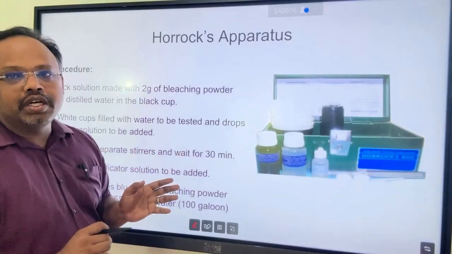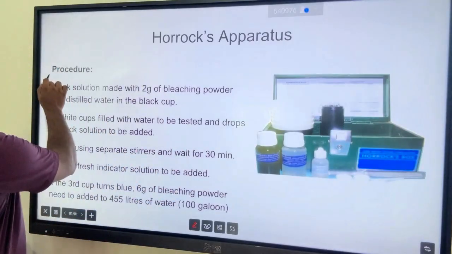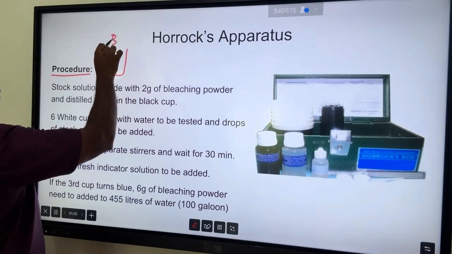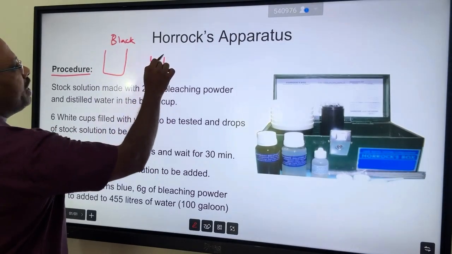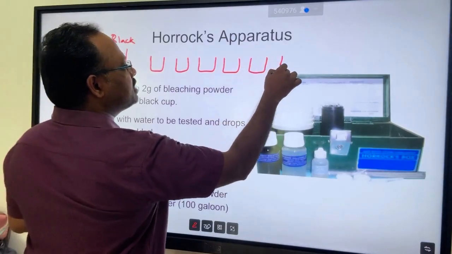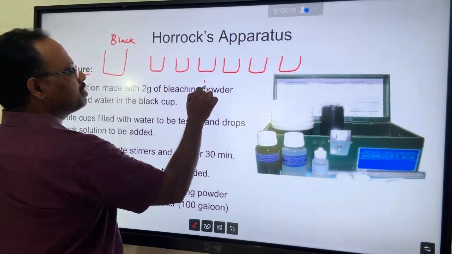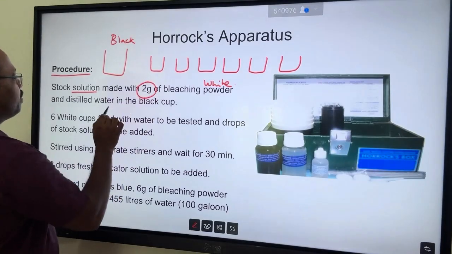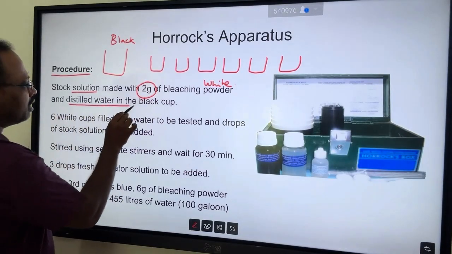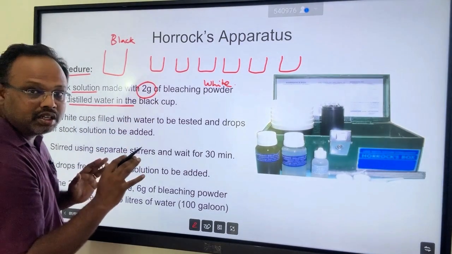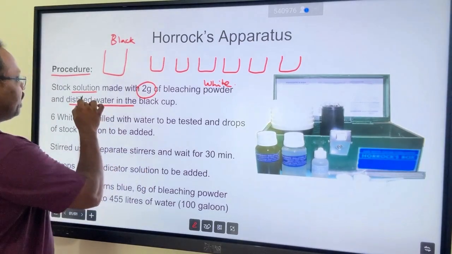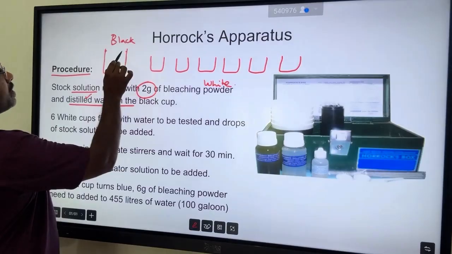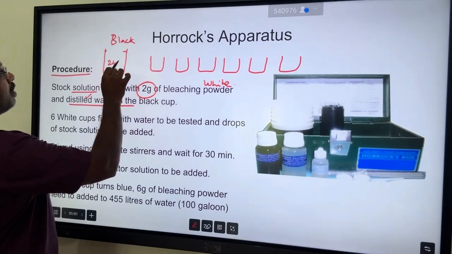Now we are moving to the procedure of doing the Horrocks apparatus. First, we need to take the black cup and take out the 6 white cups. So we need to prepare the stock solution with 2 grams of bleaching powder and distilled water in the black cup. Remember, this is not the water which we are going to test. We need to take distilled water up to the inner rim, which has a capacity of 240 ml, and add the 2 grams of bleaching powder. We cannot take some other bleaching powder for this test.